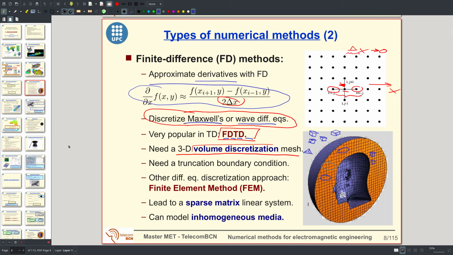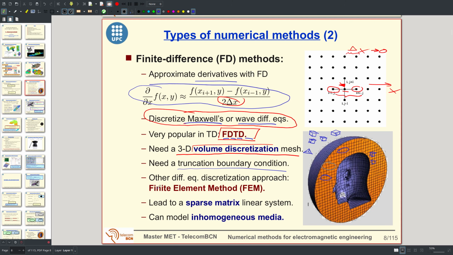You also need a truncation boundary condition to finish the space. But more about this later. I will explain what the truncation boundary condition is when we dedicate a video to finite difference methods, but you need one of these.